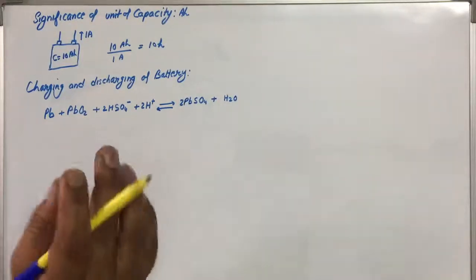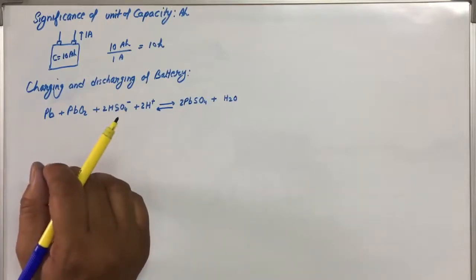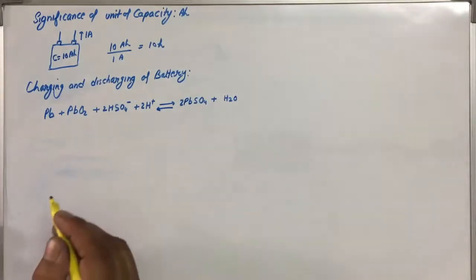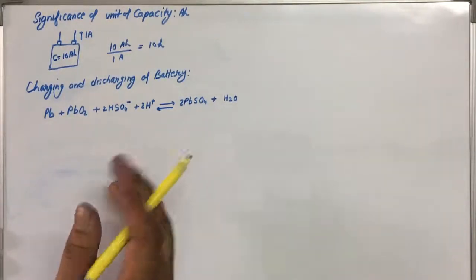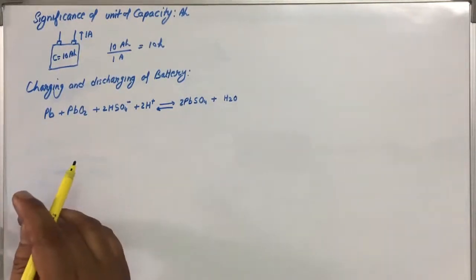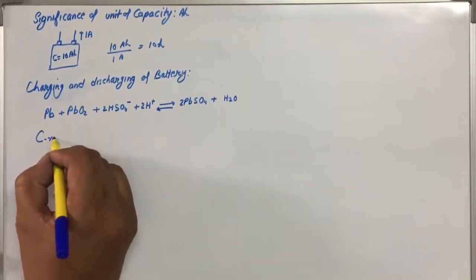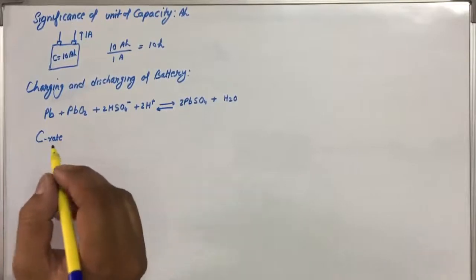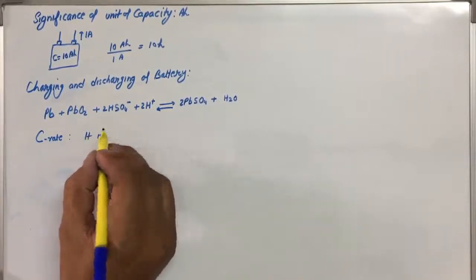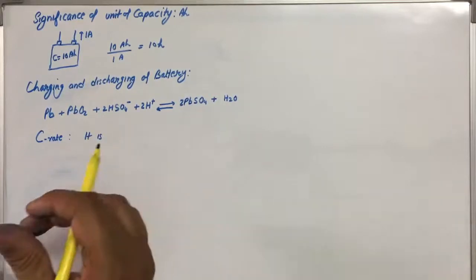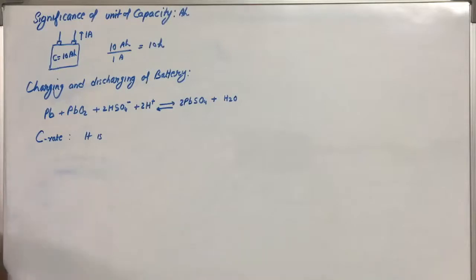Now let us see how charging and discharging relate to the battery capacity. That is defined by the C rate, and it is the measure of the rate of discharge of a battery relative to its capacity.